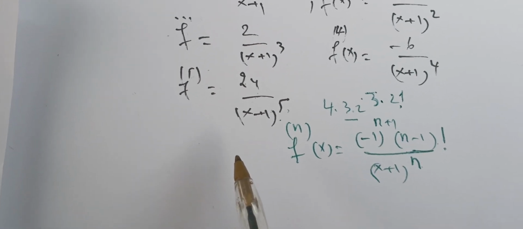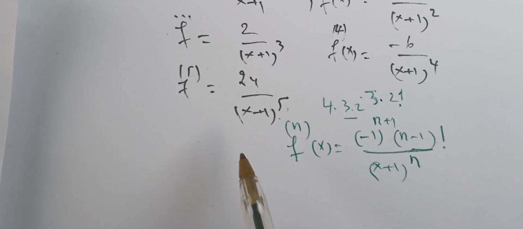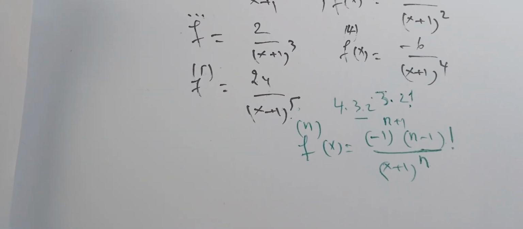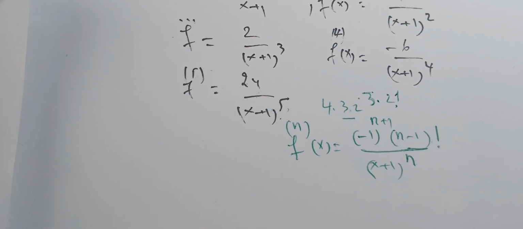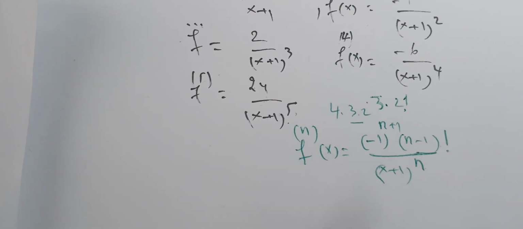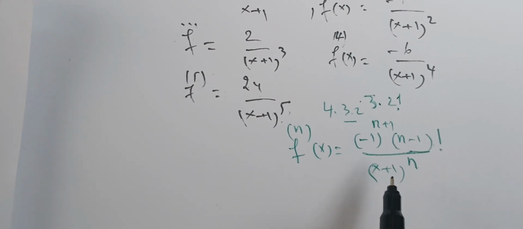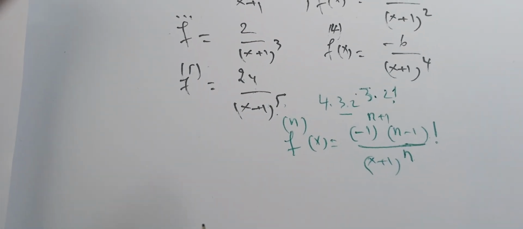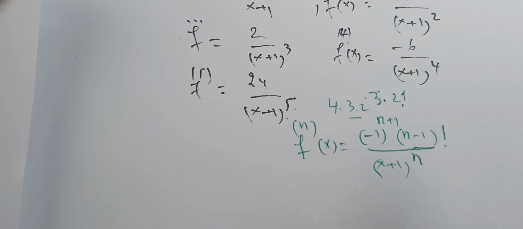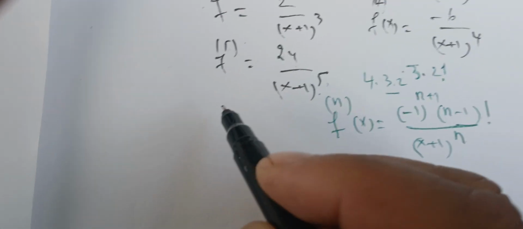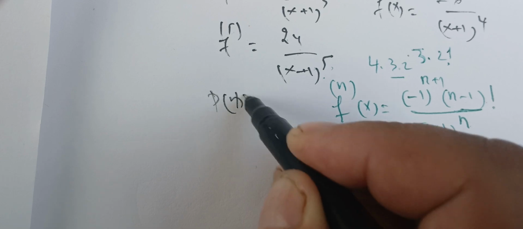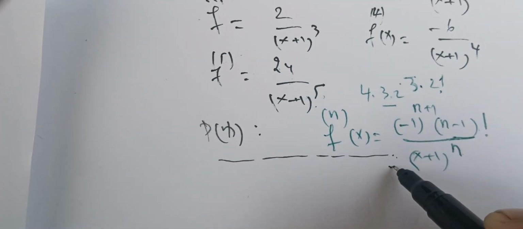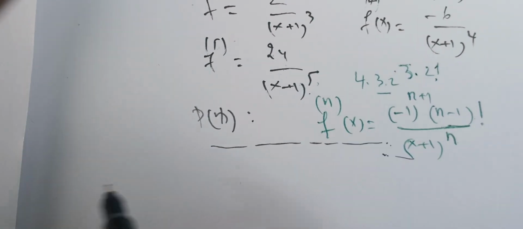To prove that, I need to use the principle of mathematical induction. That's what I'm going to do here. We're going to prove this statement, that the derivative of this function can be written in this form. We're going to call this one Pn. This is the statement: the nth derivative of f of x is given by this formula.